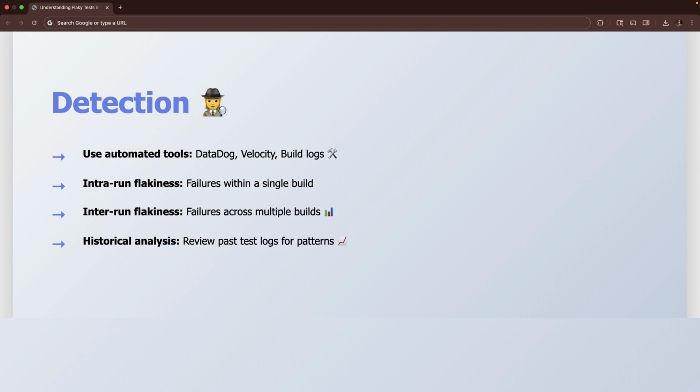And another type of detection strategy is historical analysis. You need to review the past test logs for any pattern, and this is again pulling third-party data into your system, and you can see what data it is depending on.